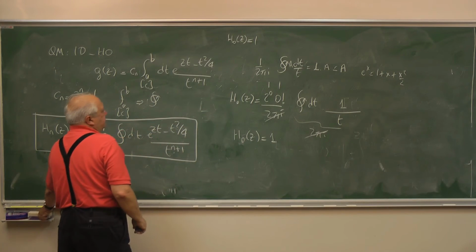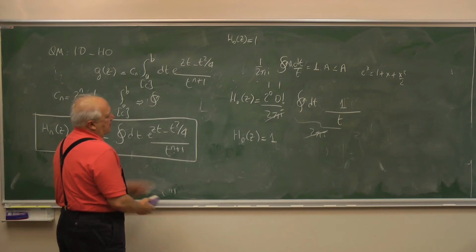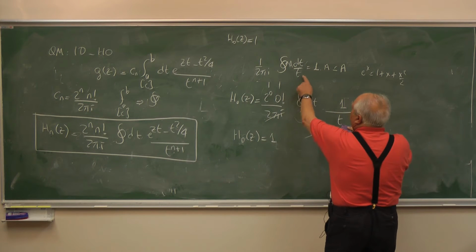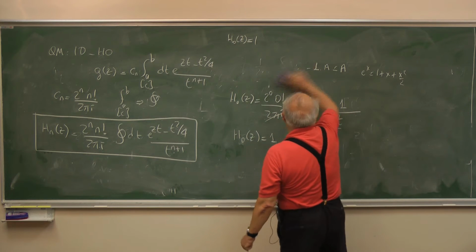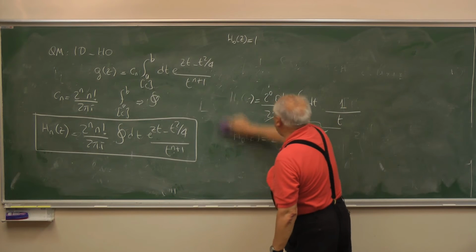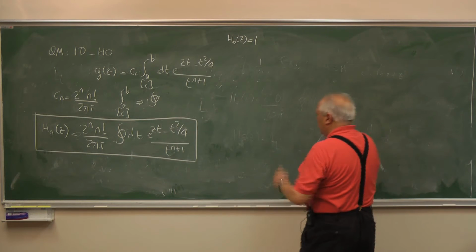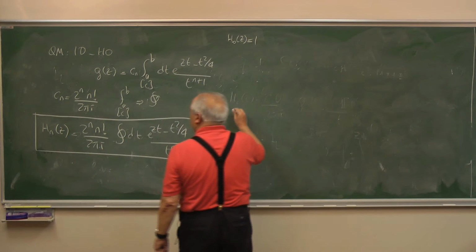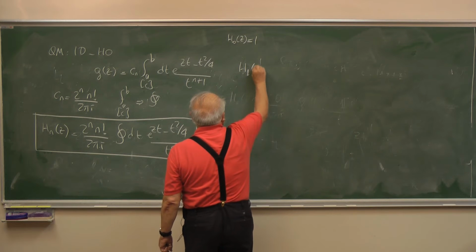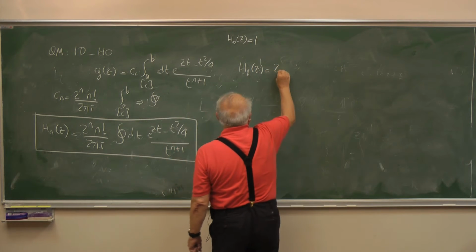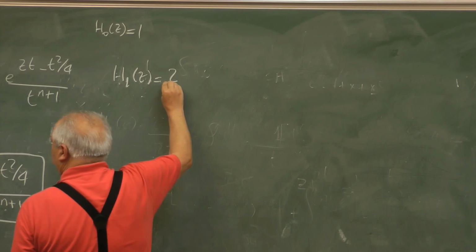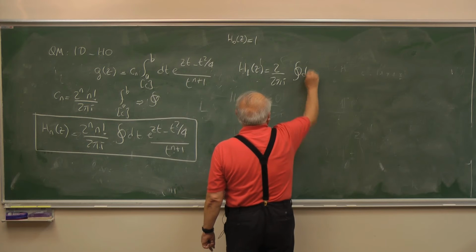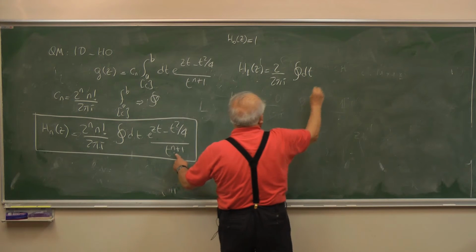Now the next one, I will erase. I will always use this. Let's do h1 and h2. It's enough, just to show you the technique. h1(z) is equal to 2 to the 1, 1 factorial, over 2 pi i, integral dt. n equals 1, so I have t squared.